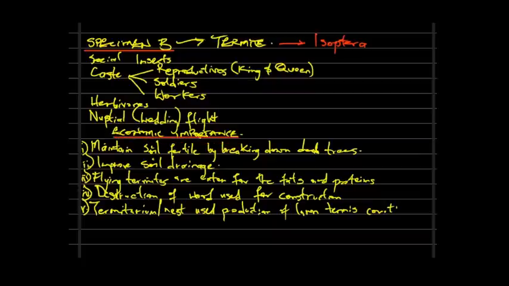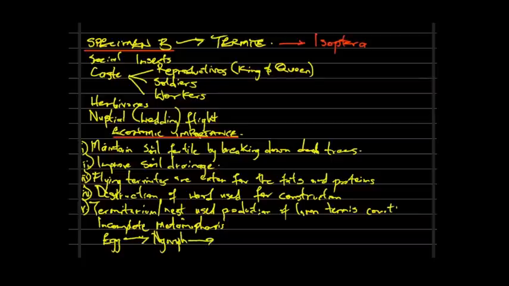Now, let me quickly tell us that termites have incomplete metamorphosis. They have incomplete metamorphosis because they go from egg to nymph, and from nymph they go to adult.